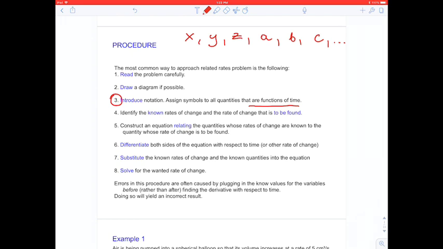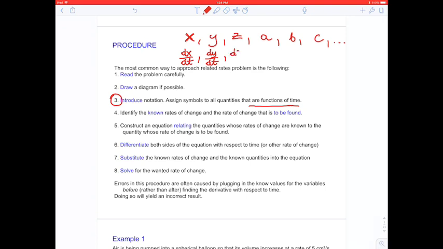which means the derivative will be involved. Now, differentiating and remembering that they are functions of time, let's see what the derivative is. Having x, the derivative of x will be dx/dt. Please remember it's not 1. The derivative of y will be dy/dt.